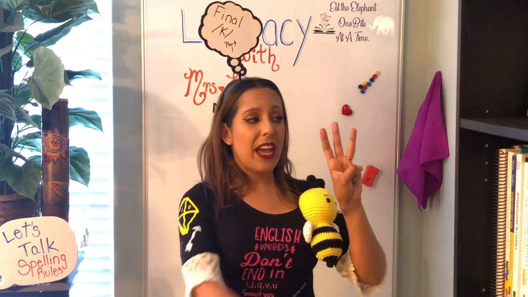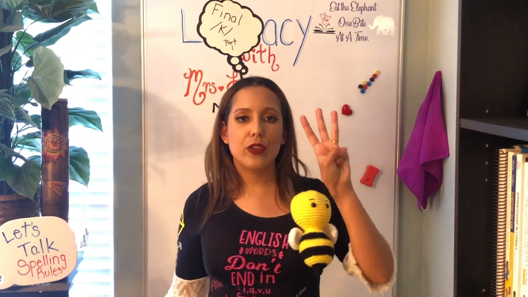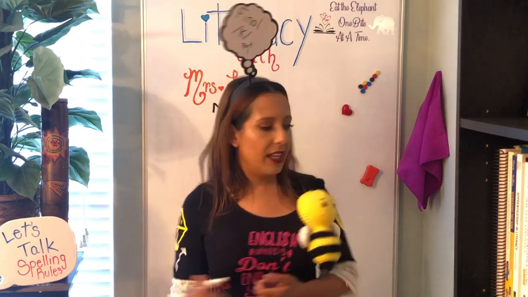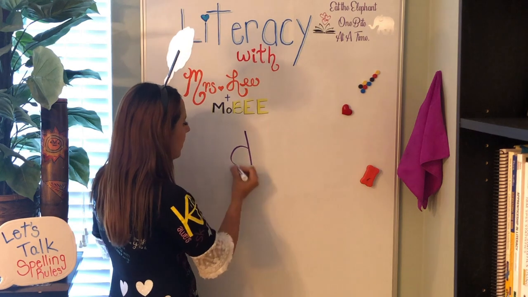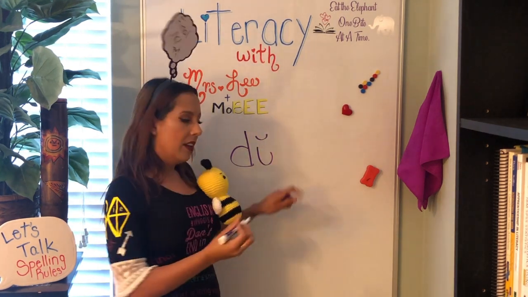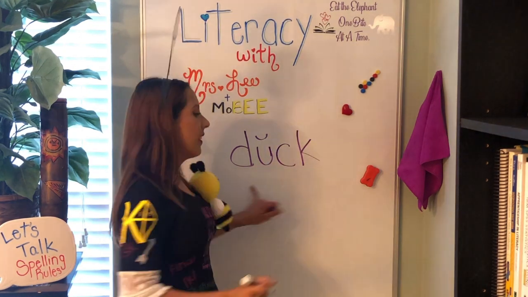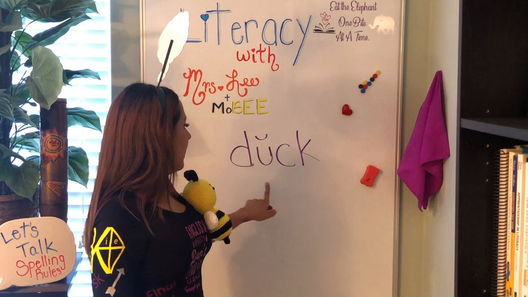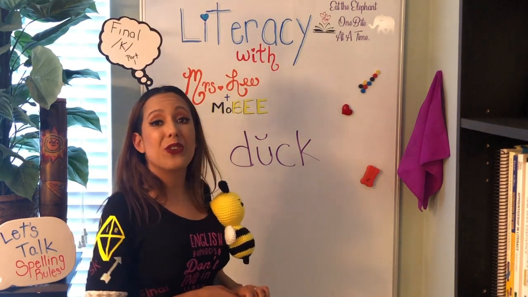So I know that k at the end is spelled CK after a short vowel. Let's see if that's right. D, u, k, duck. CK after a short vowel.